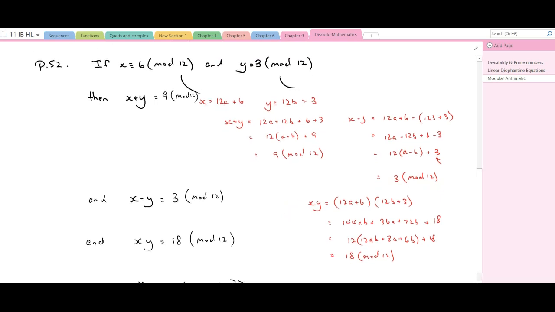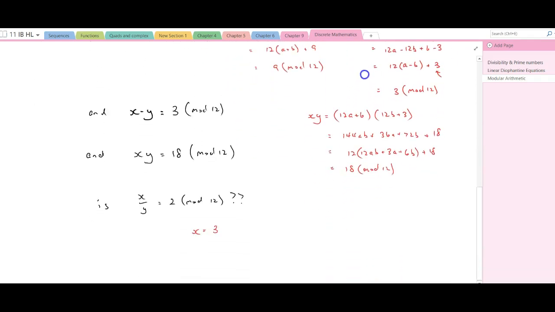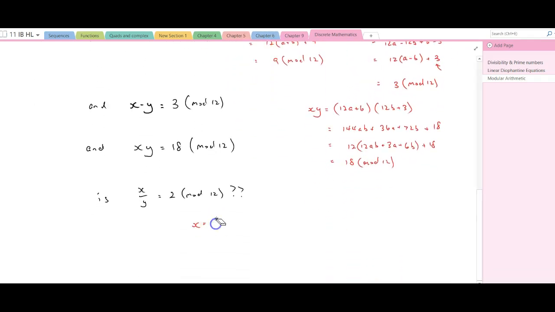this using some values. So if x is 6 mod 12 and y is 3 mod 12, well then x is equal to 6, or it's equal to 18, or keep adding 12.